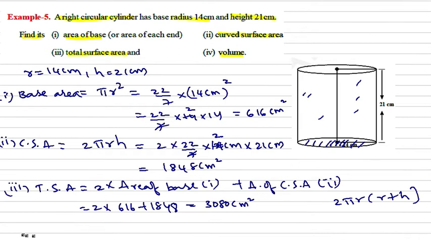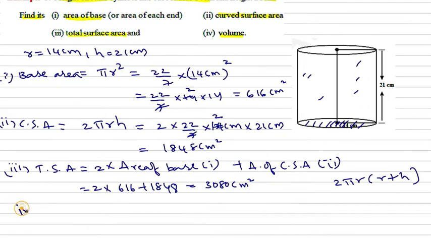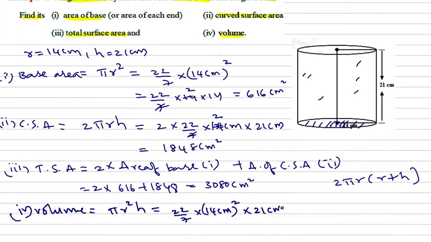Now next we are going to find the volume of the cylinder. So volume is equal to pi r square h, that is equal to 22 by 7 into 14 centimeter, radius whole square, into height 21 centimeter. So which is equal to 22 by 7 into 14 into 14 into 21 centimeter cube.